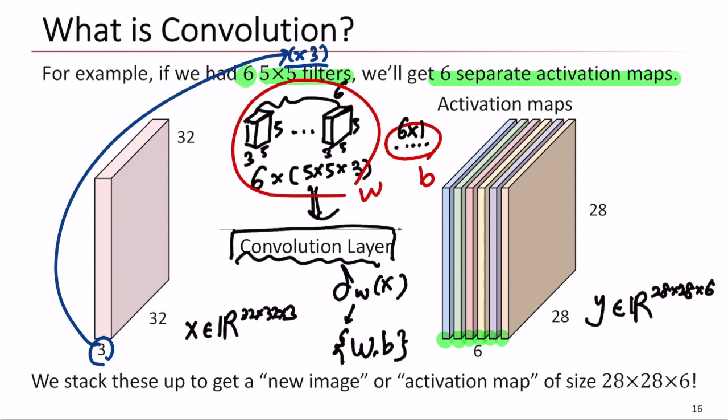That's similar to the neural network. Anyway, we stack this up to get new images or the new activation map of size 28 by 28 by 6. That's the one convolution layer process.